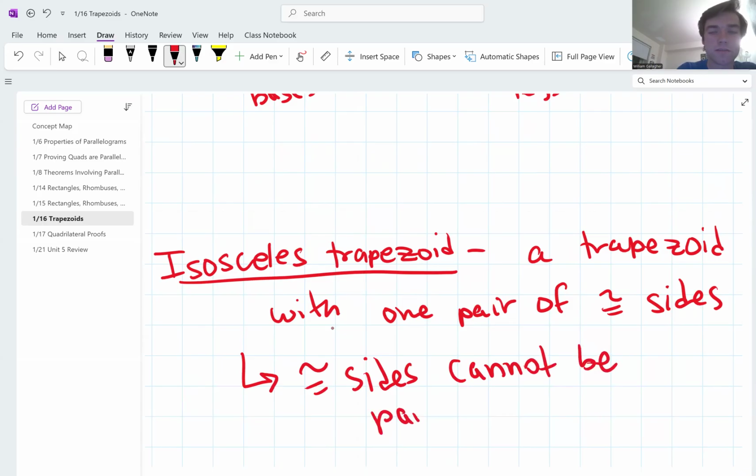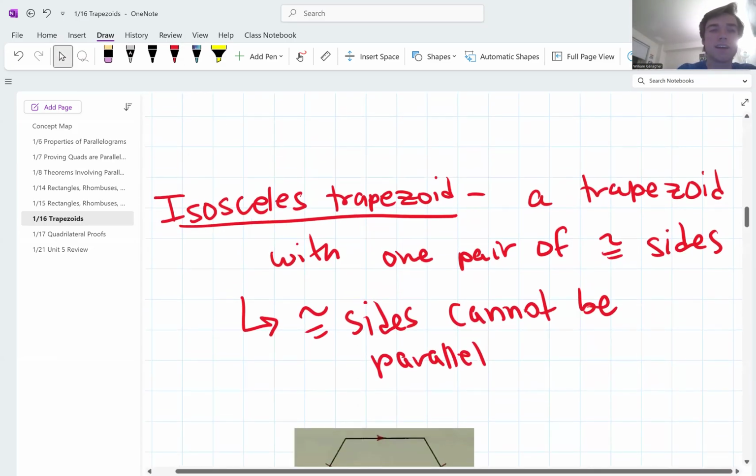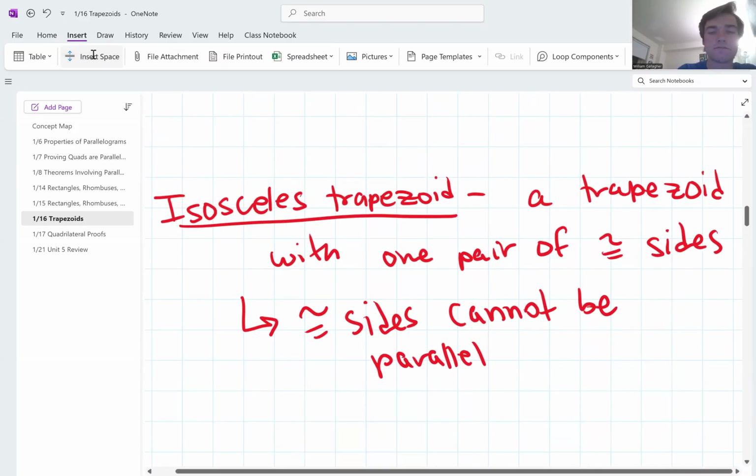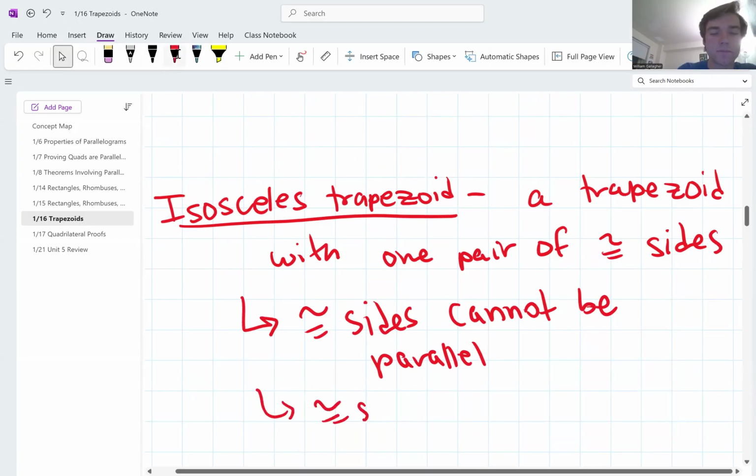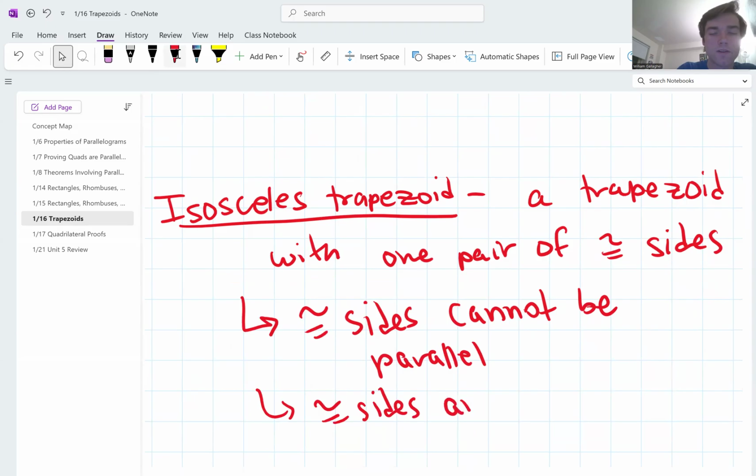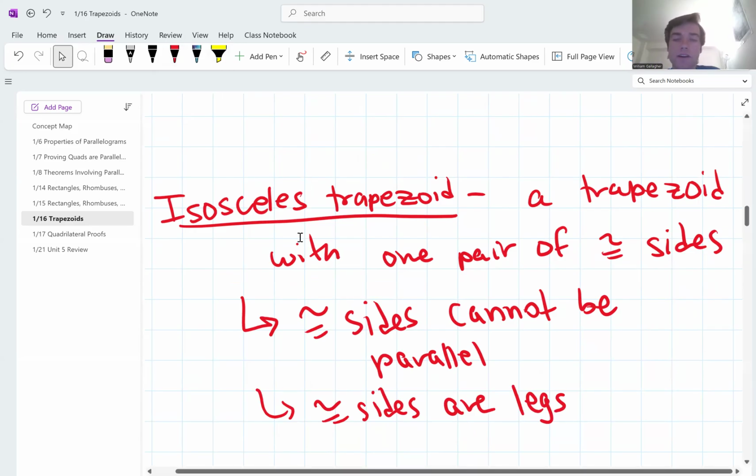Okay. And in fact, that means that the congruent sides are the legs. Again, if the congruent sides were the bases, well, then we'd have a pair of sides that is both parallel and congruent, which again is one of the 5 ways to show that a quadrilateral is a parallelogram.